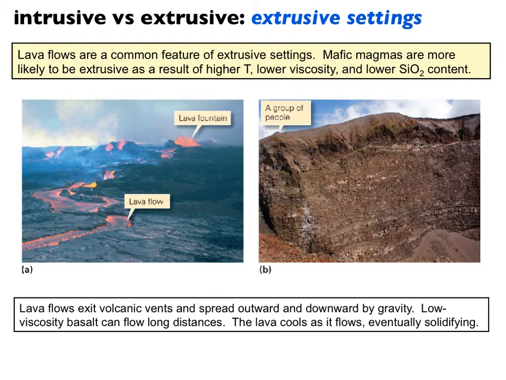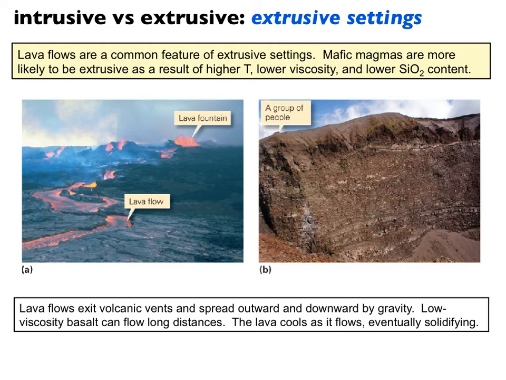It's much easier to make a lava flow out of a mafic lava than out of a felsic lava, because mafic lavas are so much less viscous, so much runnier, that they can actually produce flows, whereas felsic magmas and felsic lavas tend to be much lower in temperature and much more viscous, and therefore they're not runny. They don't tend to make flows like mafic lavas do.